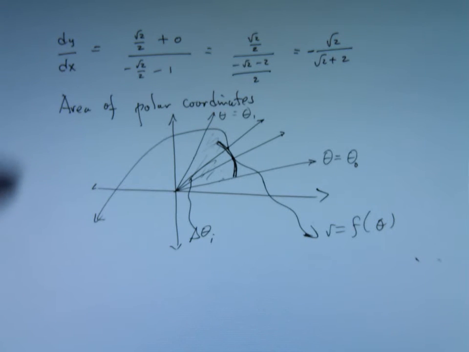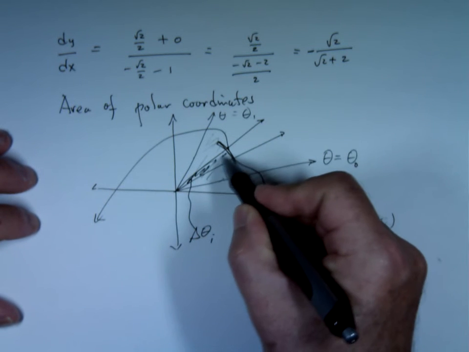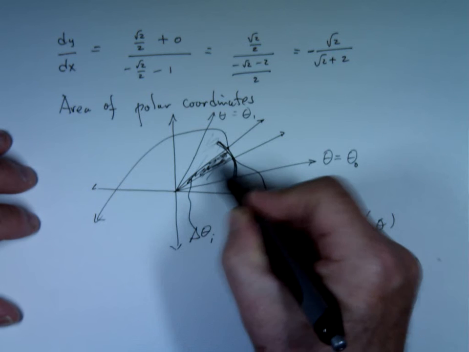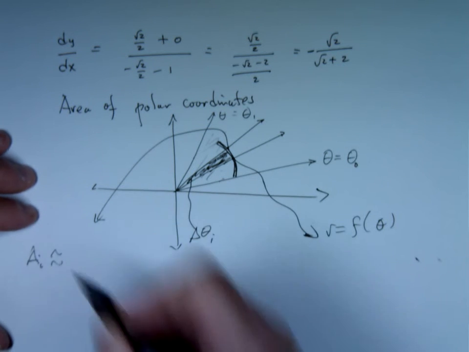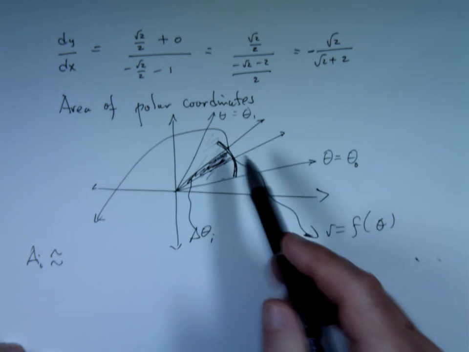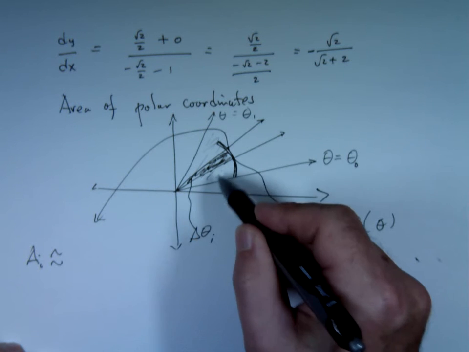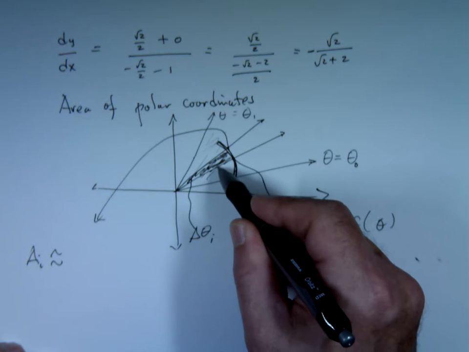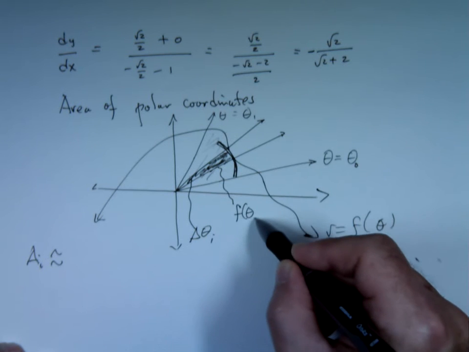So here's my question. What's this area? What's the area of this piece right in here? That ith area is going to be approximately the area of the sector that's defined by a delta theta and an R. Let's call this R, you can call this f of theta sub i, say.